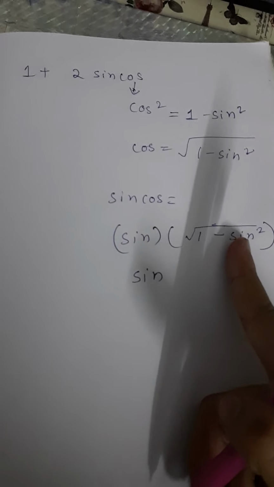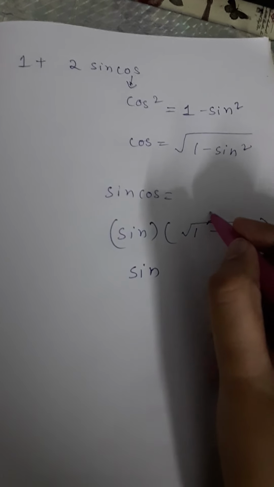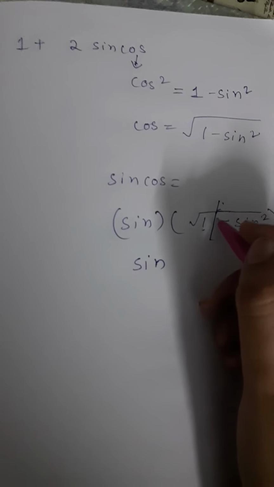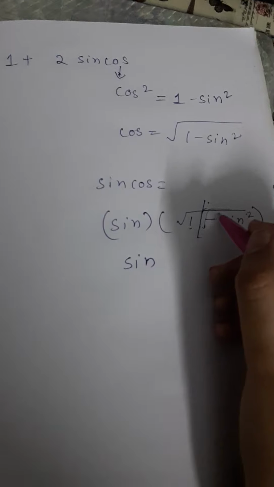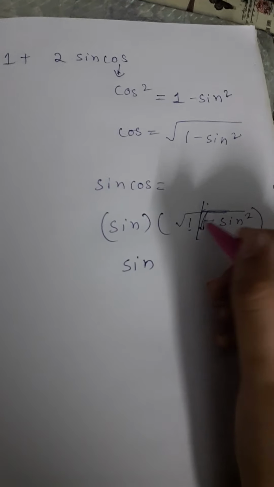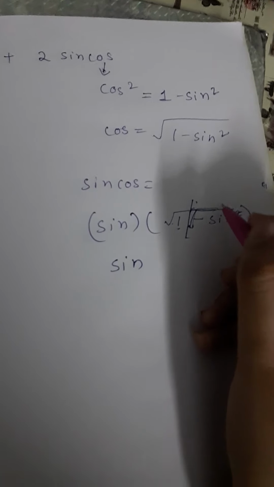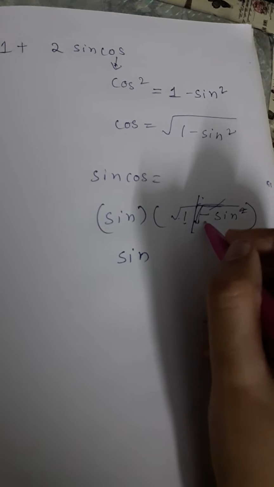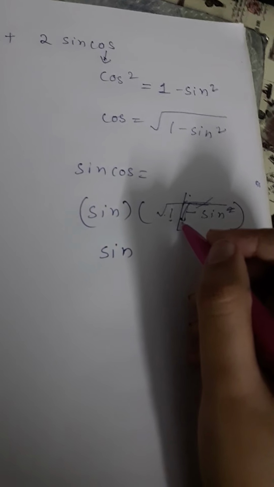Now sin into minus sin squared, now you can see this, divide this both into two different components. Square root of 1 and square root of minus sin squared. Divide this both into two components and multiply separately. Now you will cancel this both. So we know that the square root of minus sin squared is minus sin.